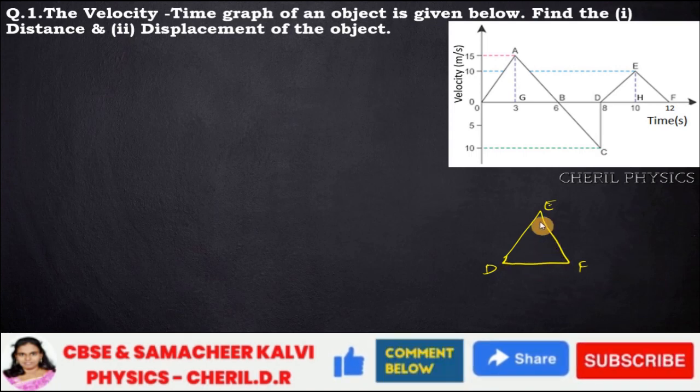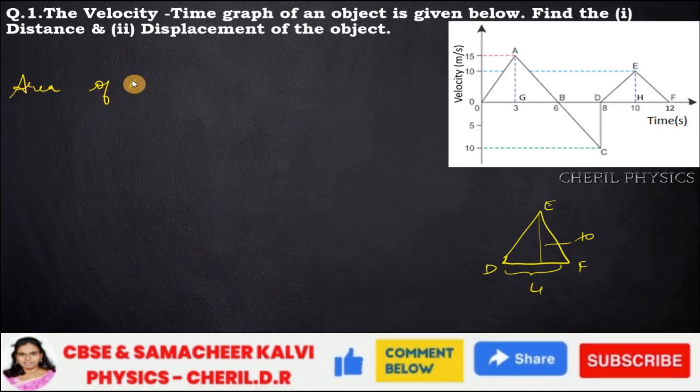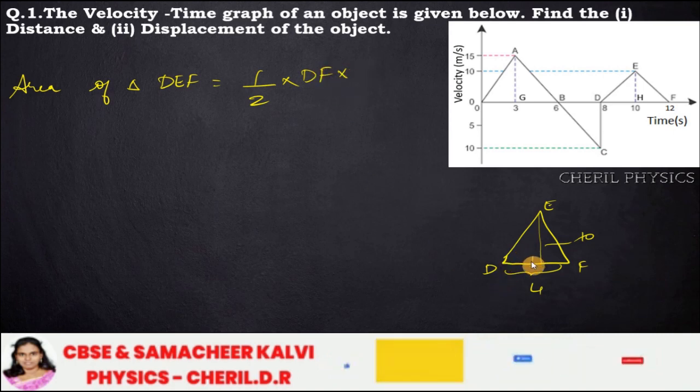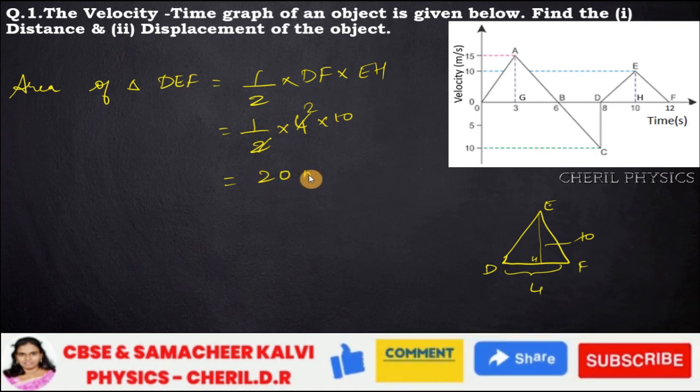For DEF, the height is going to be 10 and the base is going to be 4. So area of triangle DEF is half into DF into EH, half into 4 into 10, which will be 20 meter.